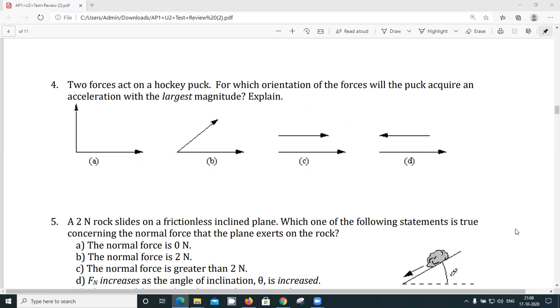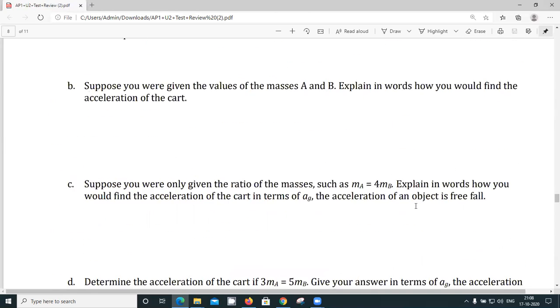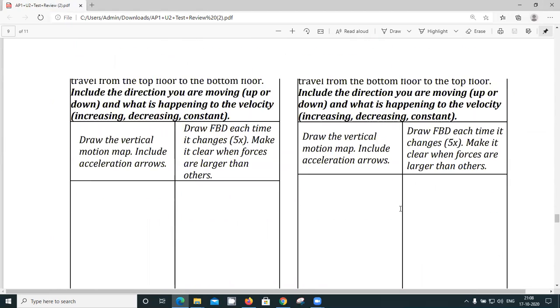Number 27, but it's a picture. It's right before it. Yeah, that's it.